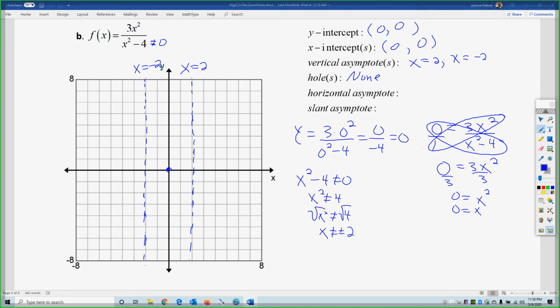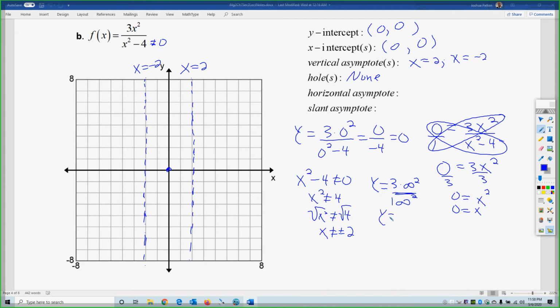Okay, so let's see. Next thing is horizontal asymptote. So we'll plug in our infinity. So y equals 3 times infinity squared over infinity squared. I'm not going to do the minus 4 because only the leading terms matter. So I really have this.